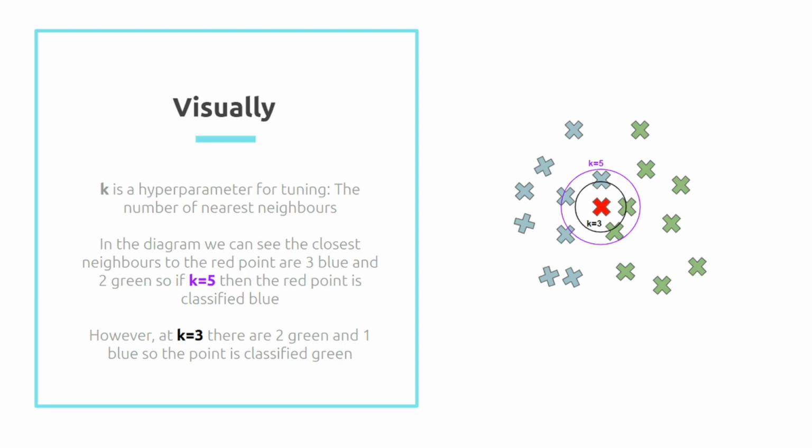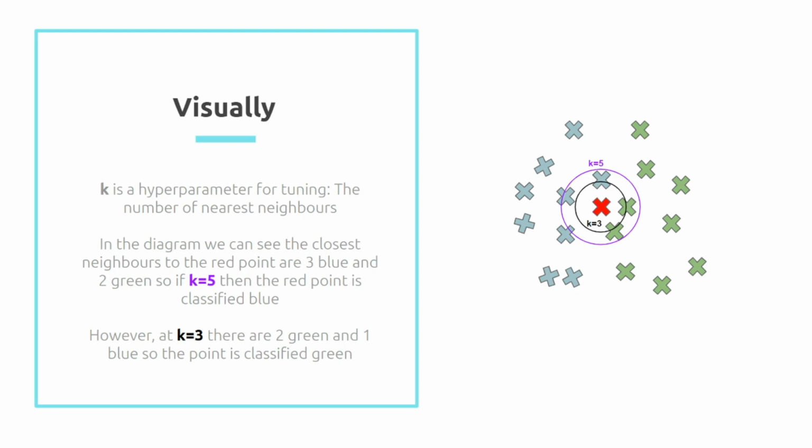We have two classes, the blue crosses on the left and the green crosses on the right. If k equals 5, we're using 5 nearest neighbours to classify the red object. This is shown with the purple circle. This gives us 3 blue crosses and 2 green crosses. If we used k equals 5, this would then classify our unknown object, the red cross, as blue.